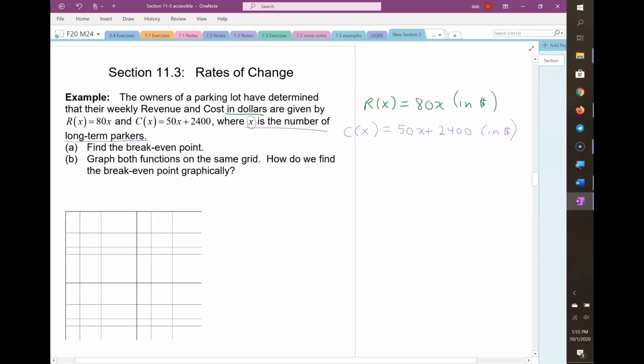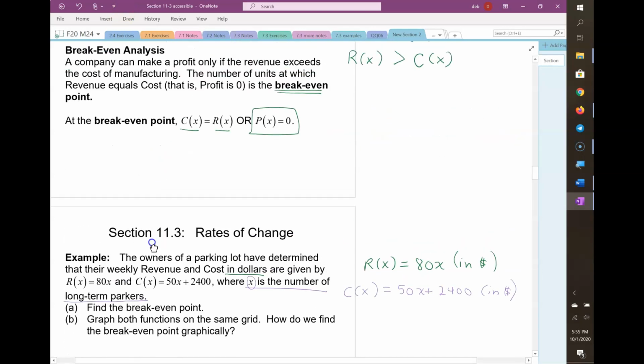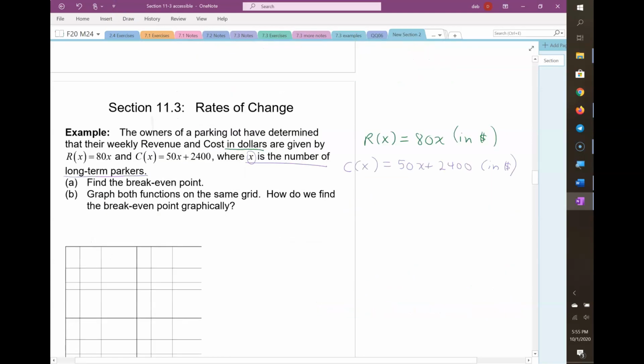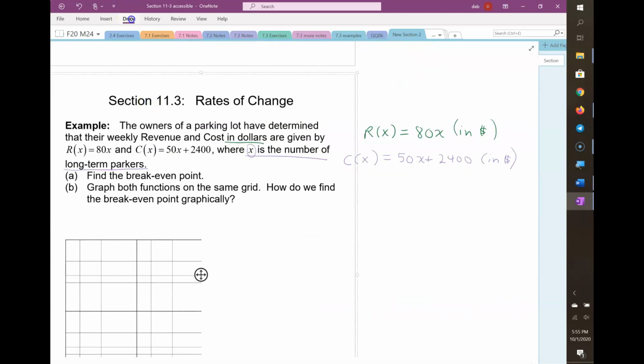Okay, so to find the break-even point, what we said up here was put the cost equal to the revenue. So let's do that. We're going to put the cost, 50x plus 2400, equal to the revenue, 80x, and solve for x, and that tells you when break even happens.